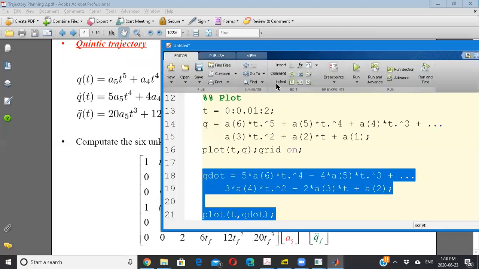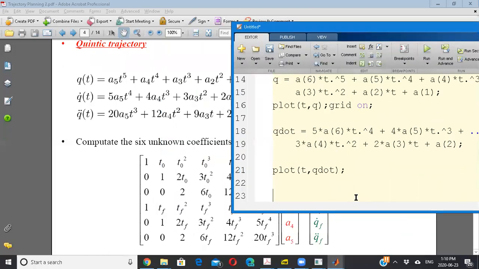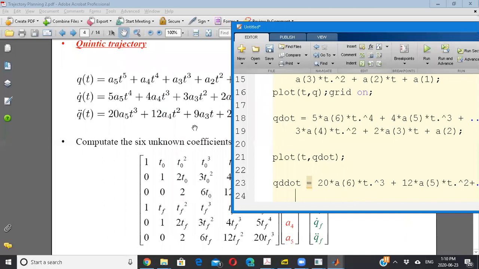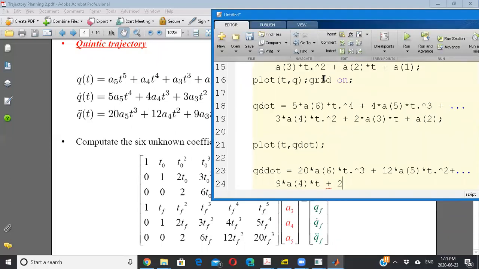Third one is Q double dot: 20 multiplied by A5 multiplied by T to the 3 plus 12 multiplied by A5 multiplied by T squared plus 9 multiplied by A3 multiplied by T plus 2A2, 2 multiplied by A2.